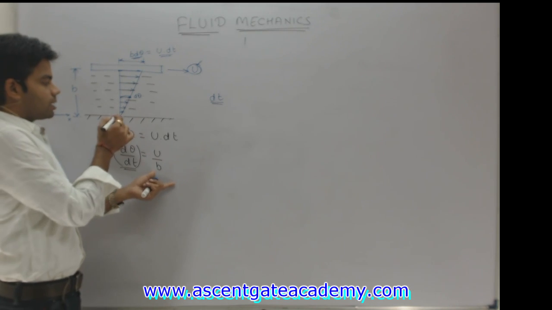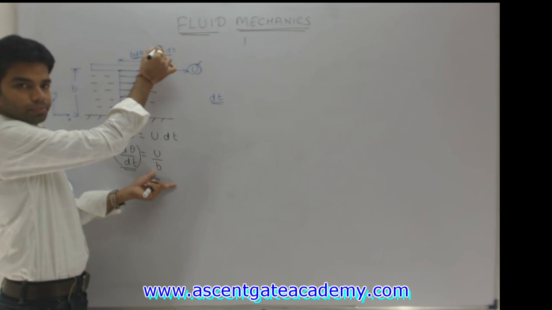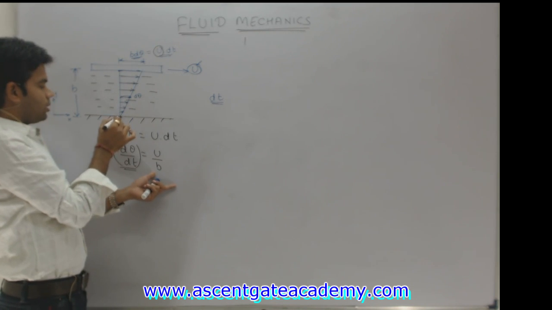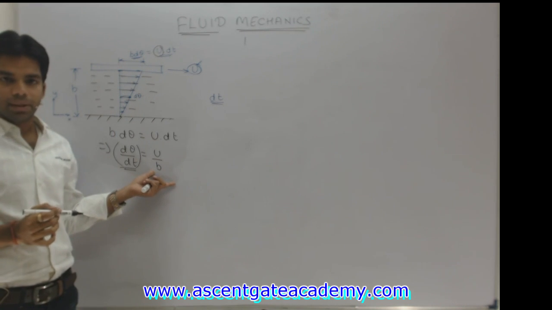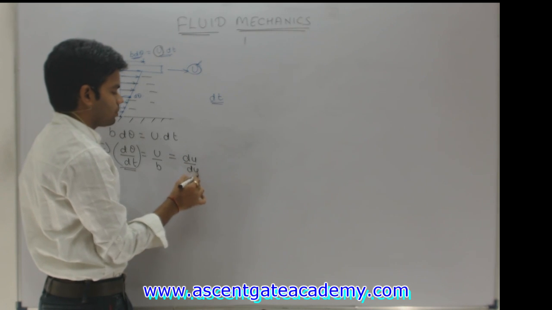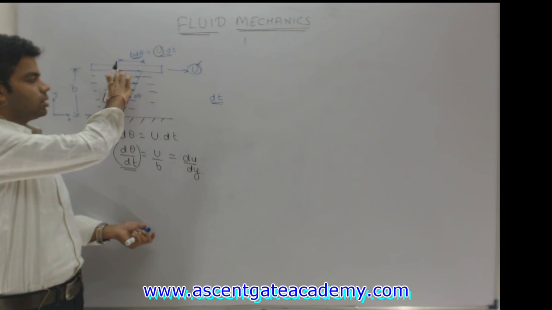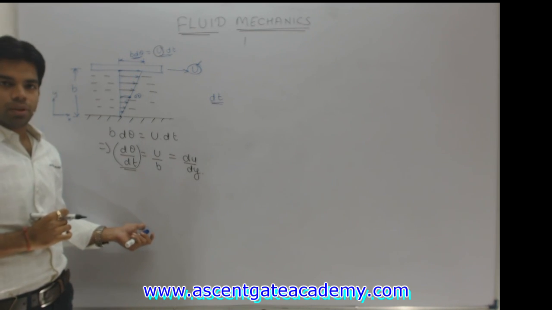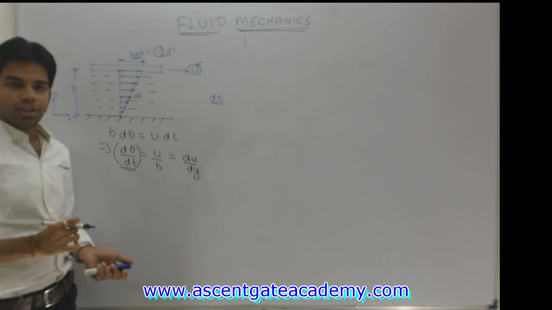At one point velocity is 0 and y coordinate is 0, at the other point velocity is u and y coordinate is b. So you can also write it as du by dy, the change in velocity to the change in distance. So the rate of shear strain is equal to du by dy.